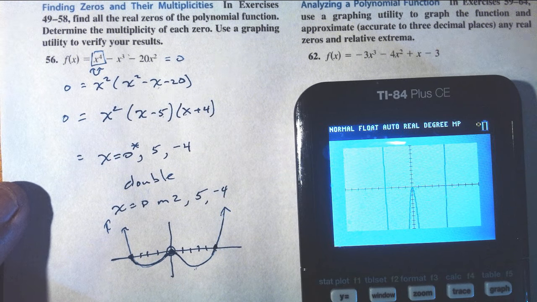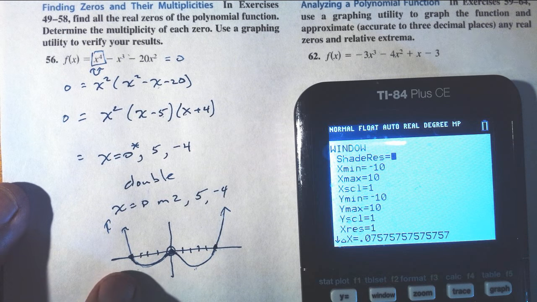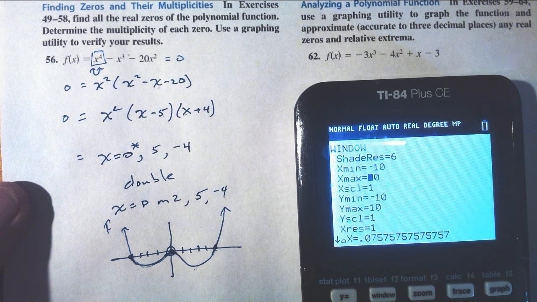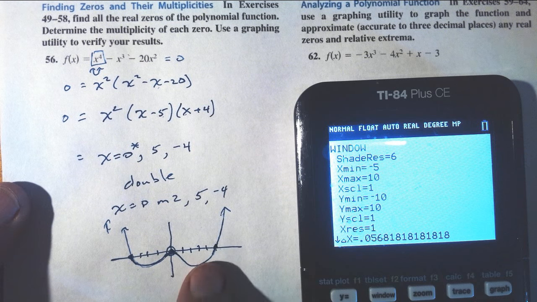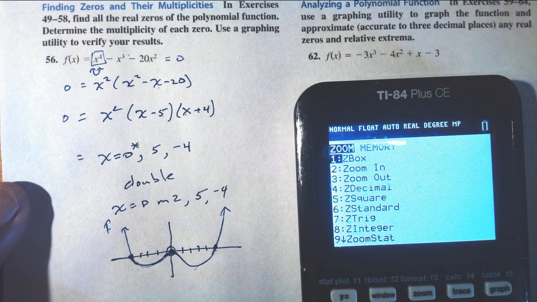I'm going to go window. I'm going to go to the left of my furthest left 0. So I'm going to start at negative, that's 1, 2, 3, 4. I'm going to go negative 5 to, not 50. And I'm going to go to the right 6. And now I'm going to zoom fit this. That's my zoom 0. And let's take a look.